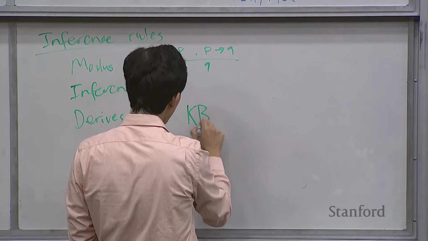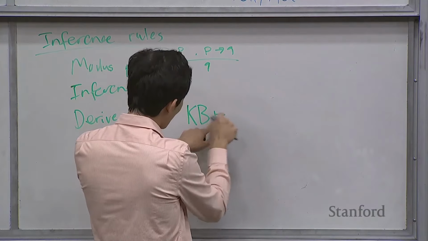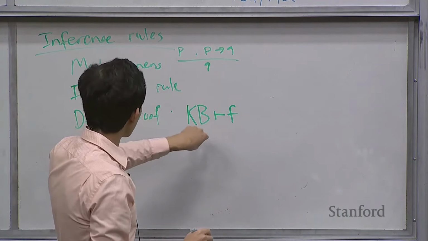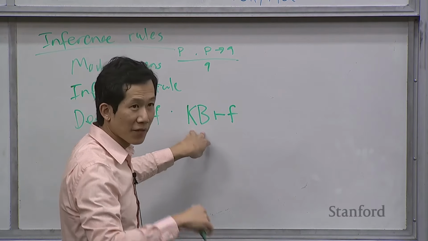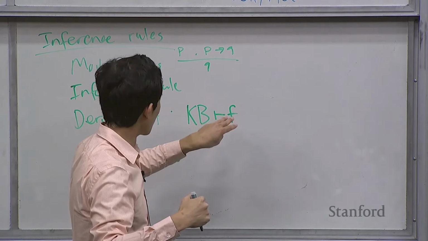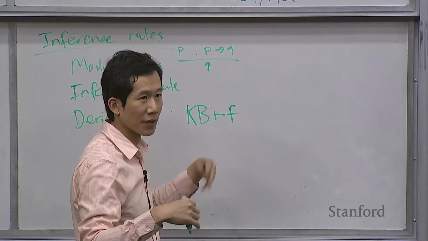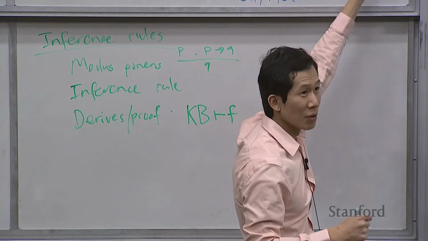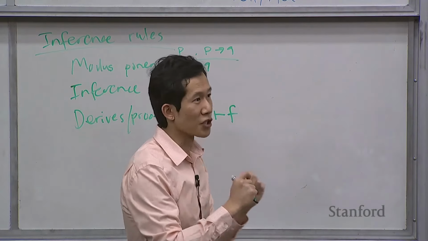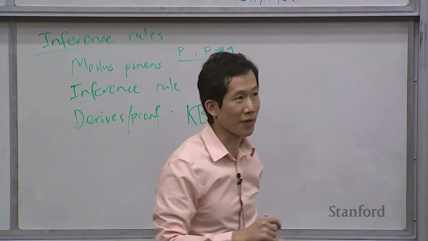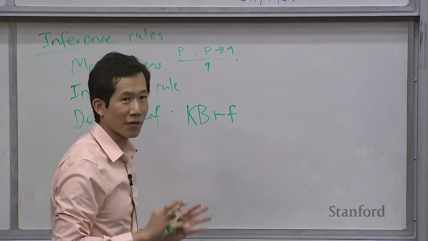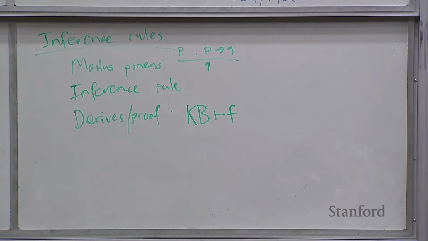So I'm going to write KB, and now with a single horizontal line, to mean that from this knowledge base, given a set of inference rules, I can produce F via the rules. This is in contrast to entailment, which is defined by the relationship between the models of KB and the models of F. Now this is just a function of mechanically applying a set of rules. Okay, so that's a very, very important distinction.